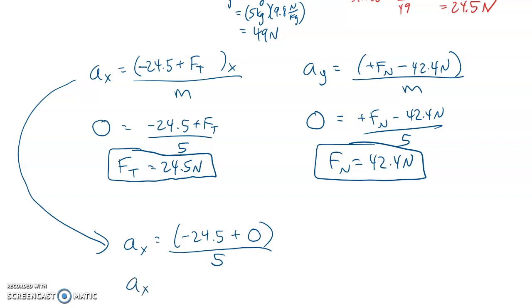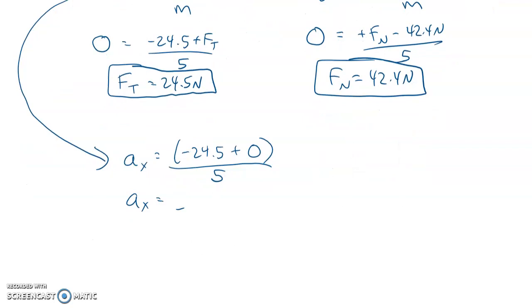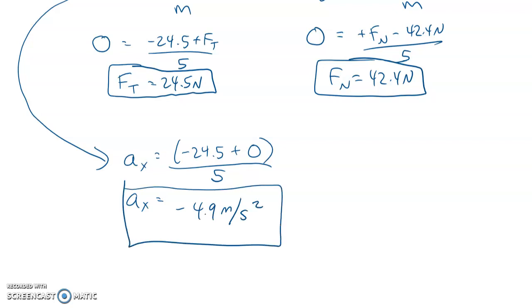So that's going to give us an acceleration in the x direction of negative 4.9 meters per second squared. And the negative there, of course, just indicates direction. It indicates that it's going to accelerate in what we are calling the negative direction, which is down the incline, and that makes sense. All right, so good luck with your inclined plane problems.